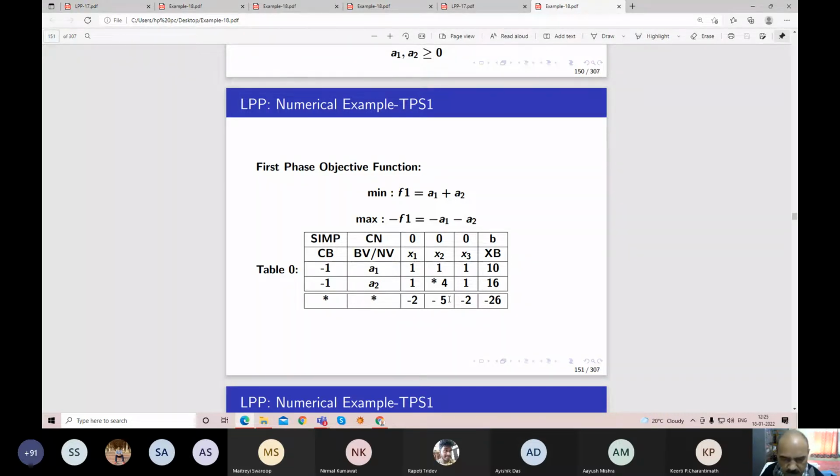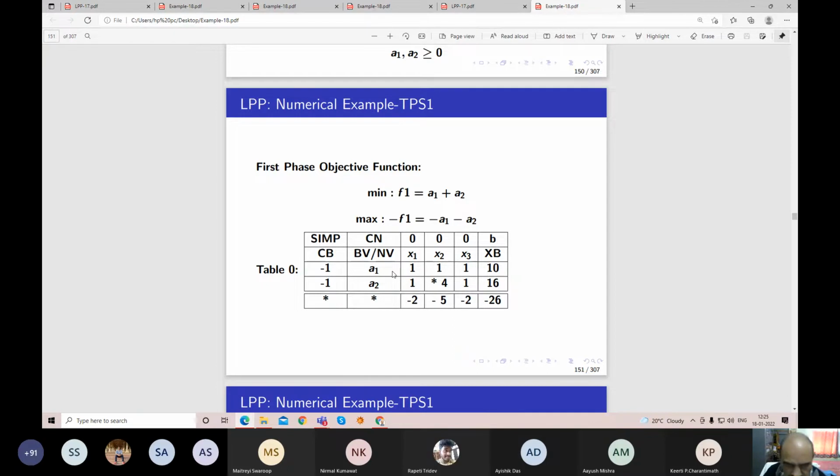The third last row says something about the objective function. The last row, I will explain. Then in the last but one row, there are two different constraints you can see here. One constraint is x1 plus x2 plus x3 plus a1 equal to 10. Another constraint is x1 plus 4x2 plus x3 plus a2 equal to 16.